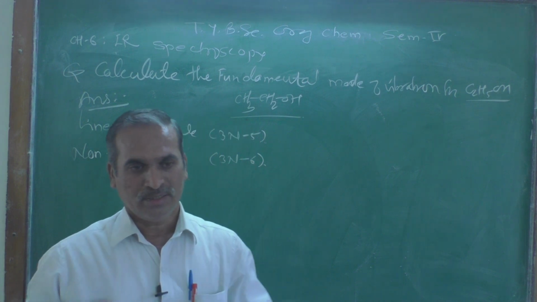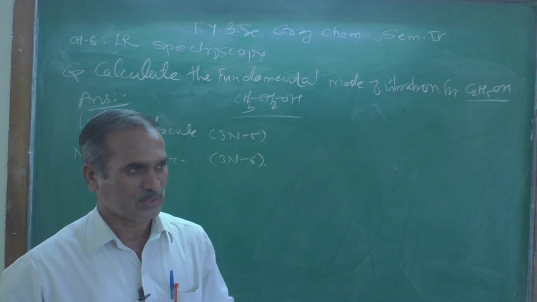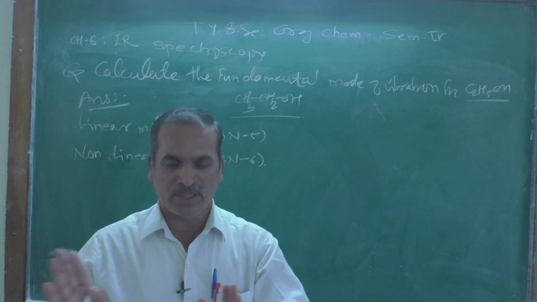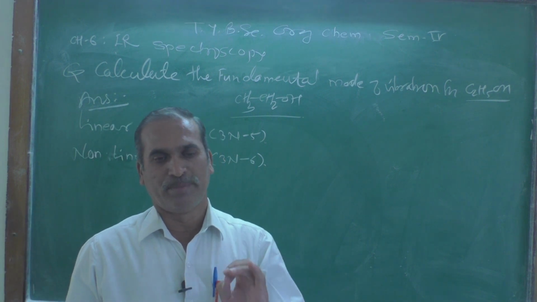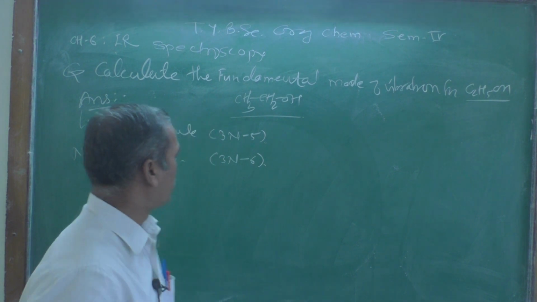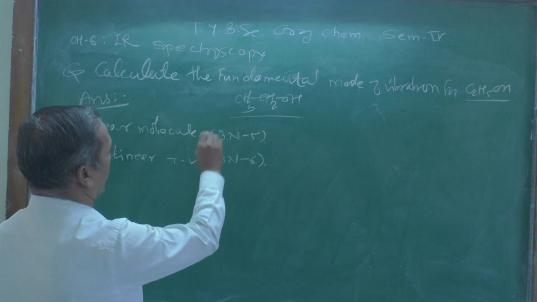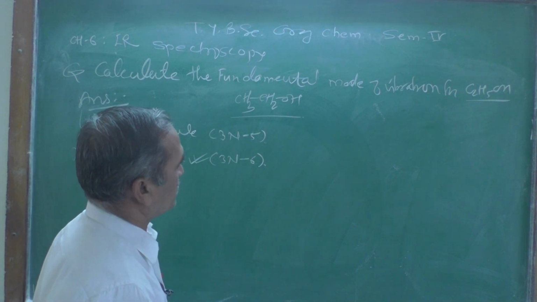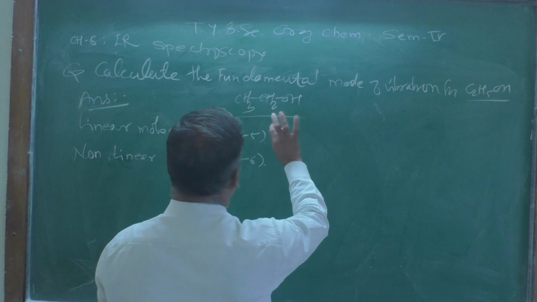That is a linear molecule. Even though I have written the molecule like this, if you see here, it is not a linear molecule. The geometry of this ethanol will be non-linear, and therefore you should use the formula 3n minus 6.